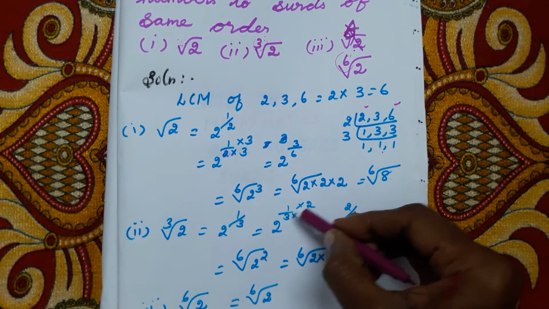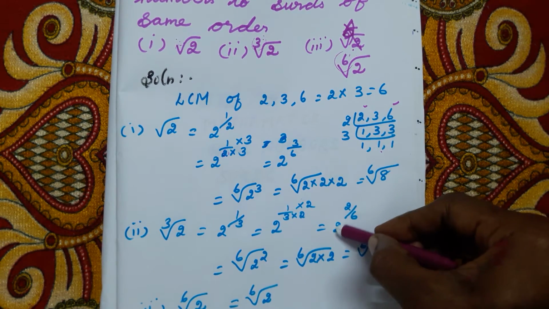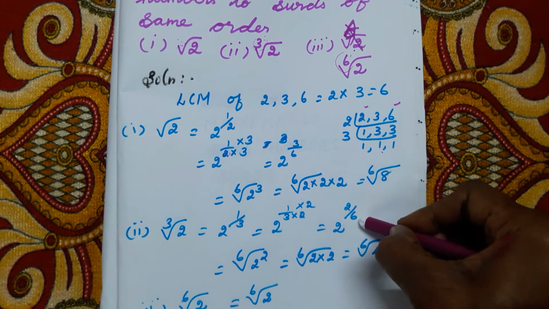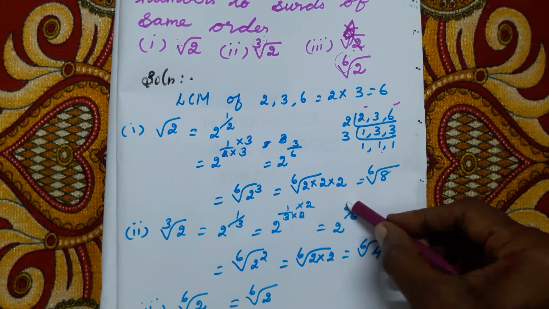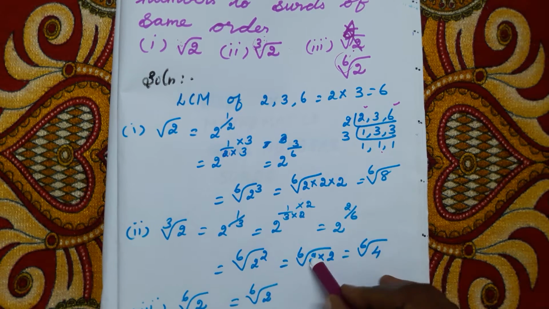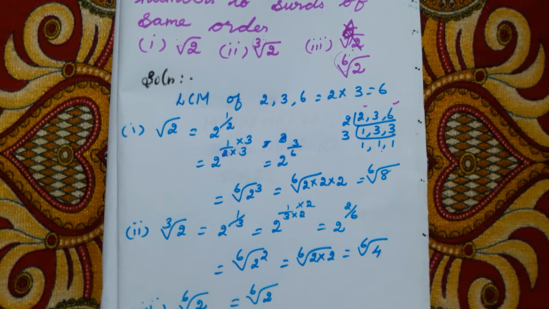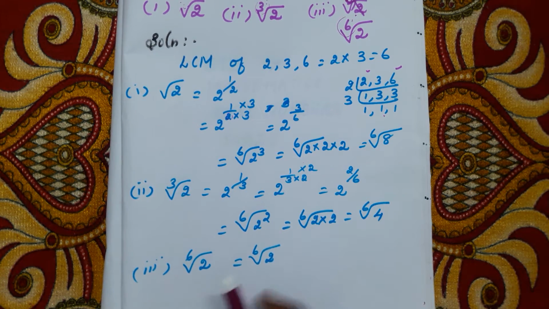So 1 into 2 by 3 into 2, 3 into 2 means 6. So 2 power 2 by 6. This we can write as the sixth root of 2 square, which is the sixth root of 2 into 2, equal to 4.